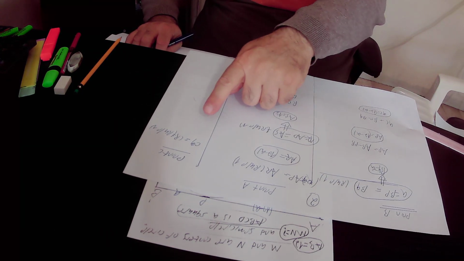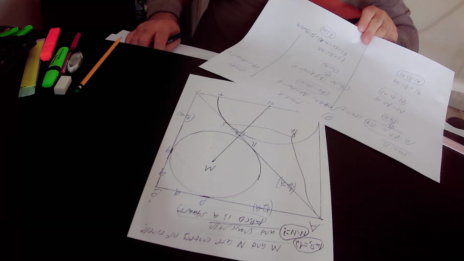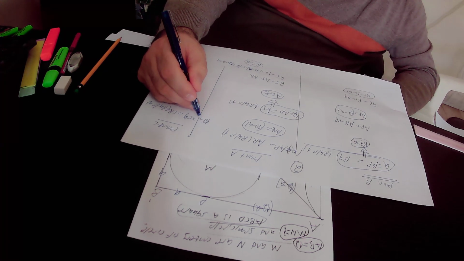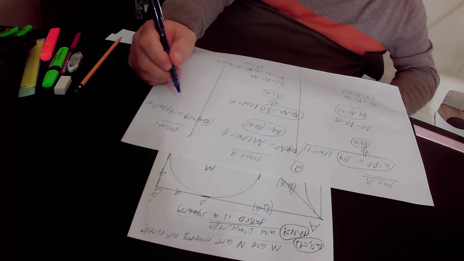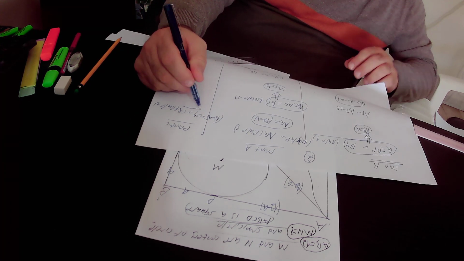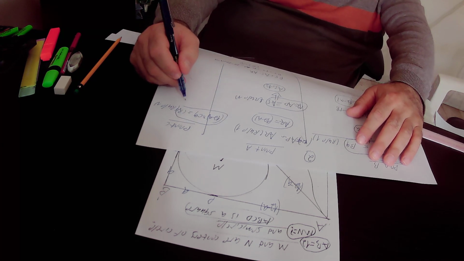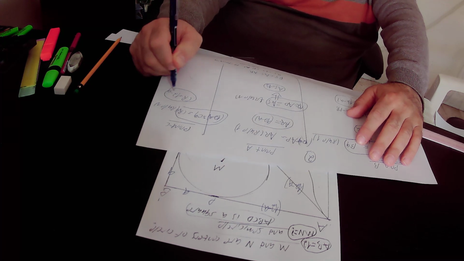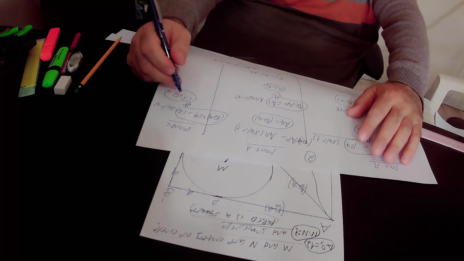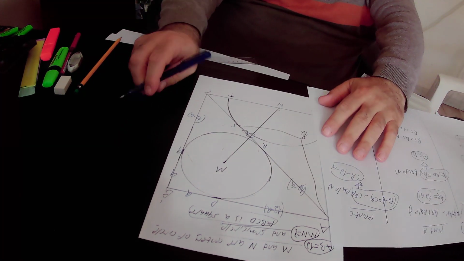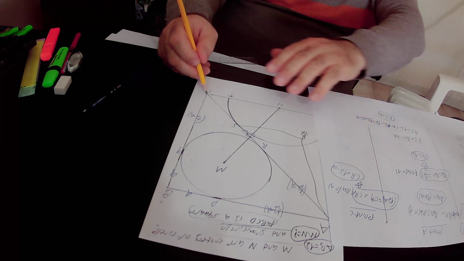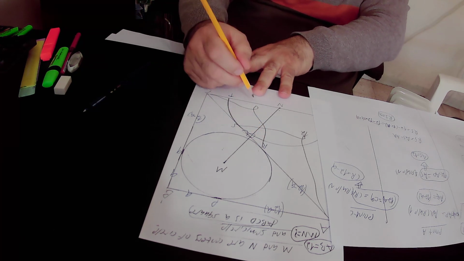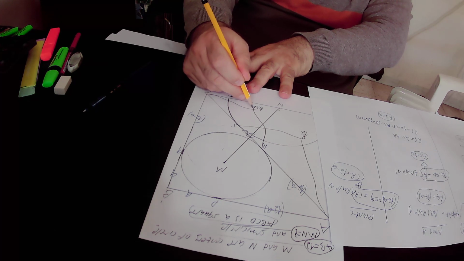But we have already found out that CQ equals 12 minus A. From this equation, 12 minus A equals CQ equals CR, we conclude that CR is also equal to 12 minus A.